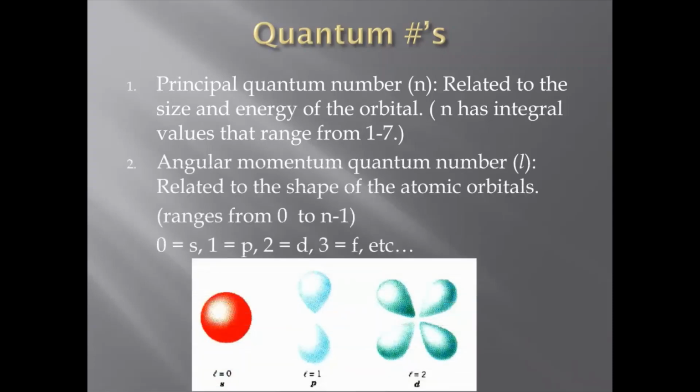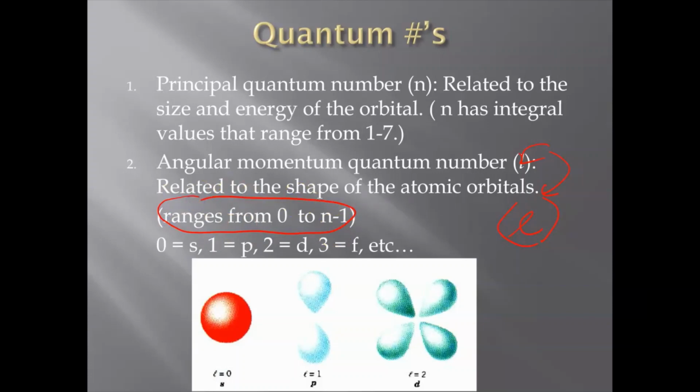Now the second quantum number that we're going to look at is called the angular momentum quantum number, and it's given the symbol l, and it should be cursive. It's related to the shape of the atomic orbitals, and as you can see here, it ranges from 0 to n minus 1.